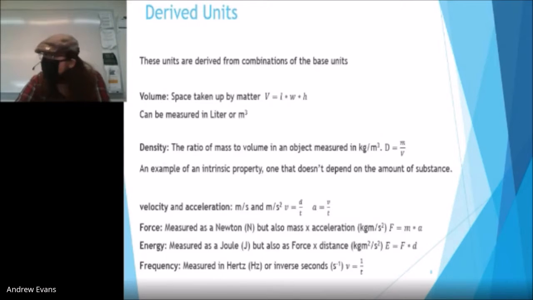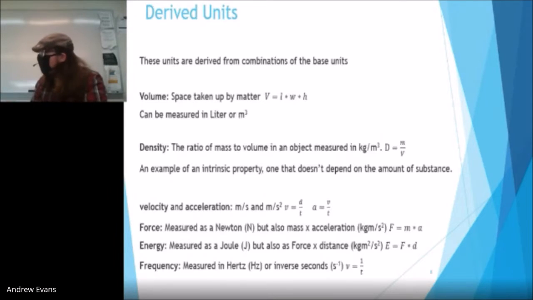We don't really have an SI unit for volume, but volume can be derived from just distance, our distance of meters. So volume, remember, is the space taken up by matter, and that would be, of course, length by width by height. And so if I do length in meters, width in meters, and height in meters, meters times meters times meters would become meters cubed.